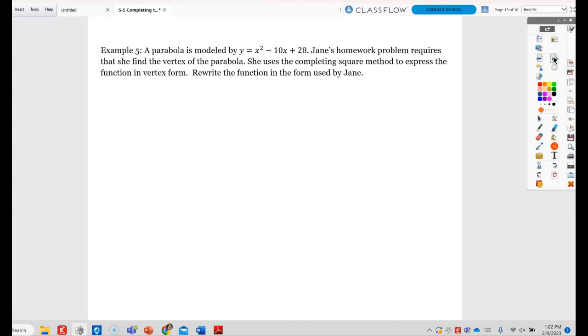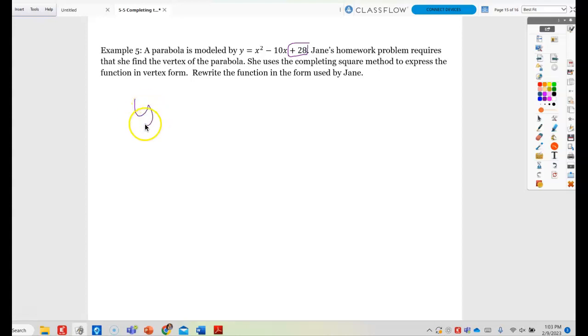What's nice though now is that we can use the completing the square method to get it in vertex form. So what we want to do is still complete the square, but ignore the 28 in a sense. So she's going to use completing the square to express the function in vertex form.